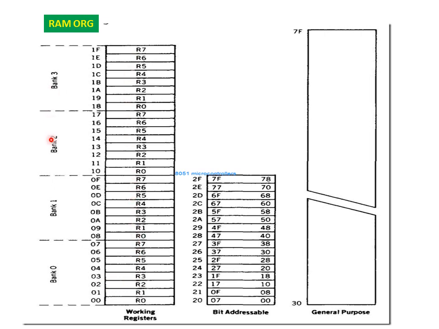These banks are selected by processor status word register bits, and these registers are selected by these address bits, and completely these 4 banks are used for assembly programming purposes.